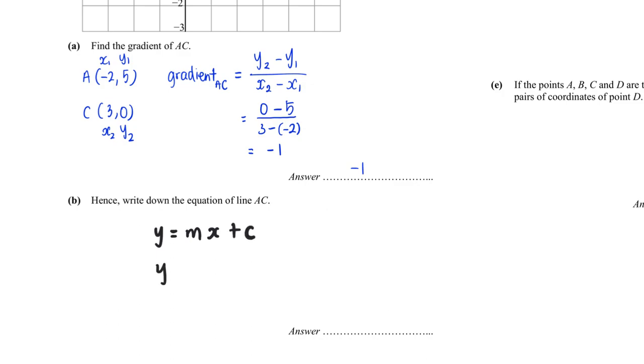So in this case, y equals the gradient of AC, which is -1, times x. c is what we have observed from the diagram itself, +3. And that would be the answer here.